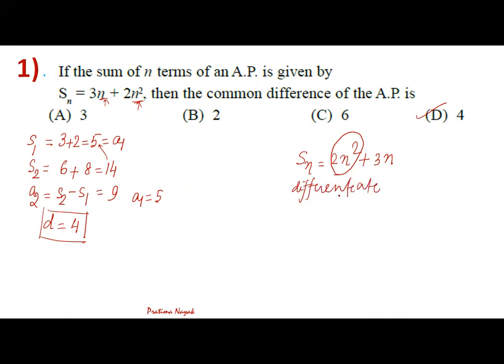Differentiating 2n square, you get 4n. So this 4 is your D. The coefficient of n is D.